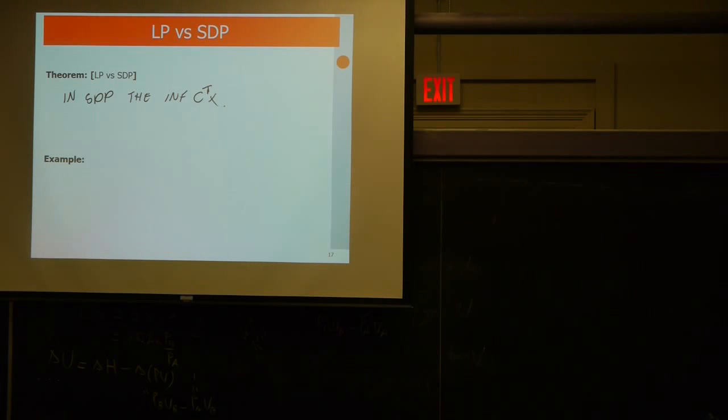So it might happen that, say, the infimum of C transpose X is finite in the SDP, but actually there is no X that achieves the minimum.